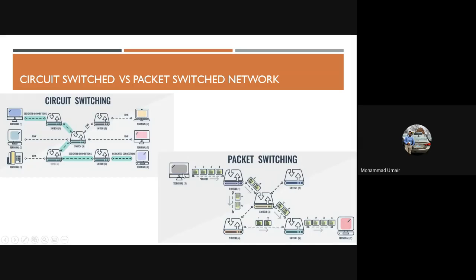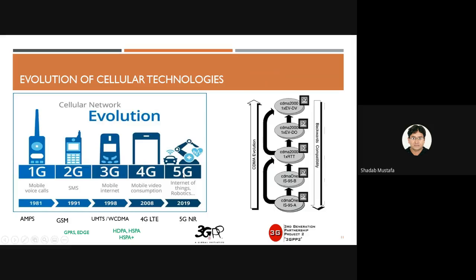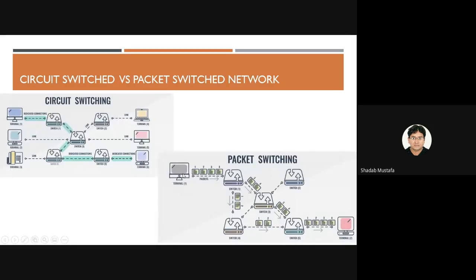All right, moving on. What are the practical life examples of the two? Circuit switching is used in all your landline networks. Whenever you have a landline phone, it always uses a circuit switch. In mobile communications, 2G and 3G used circuit switching for voice calls.